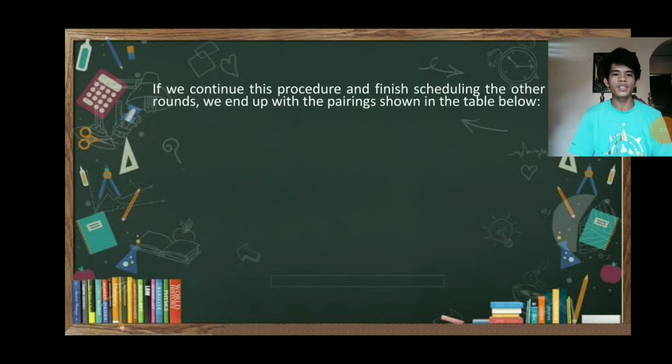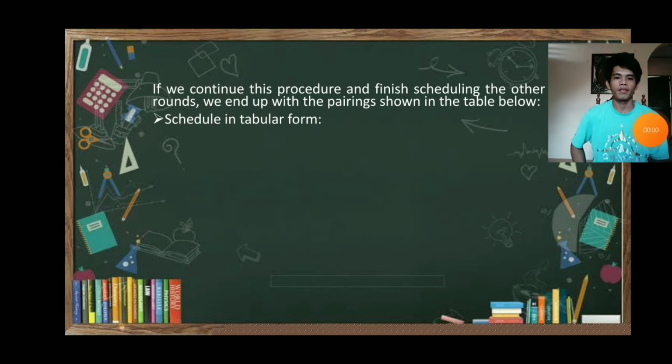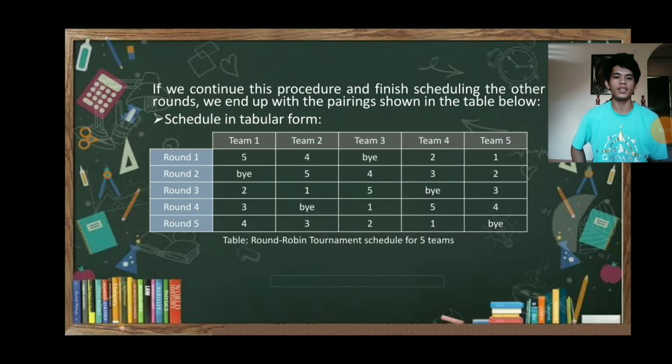If we continue this procedure and finish scheduling the other rounds, we end up with the pairings shown in the table below. This table shows the tabular form. We have round 1 to round 5. Team 1 paired with Team 5. Team 2 paired with Team 4.